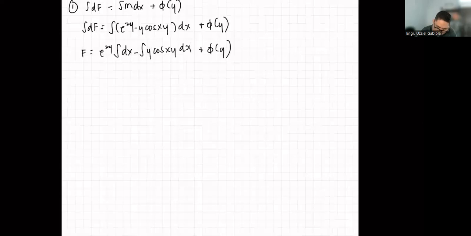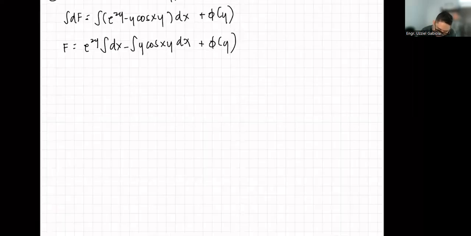So, y cosine of xy dx. Okay? Plus phi y. And so, let's integrate. Yung first term muna. This is e2y times x. Okay? Integration ng dx. Minus.